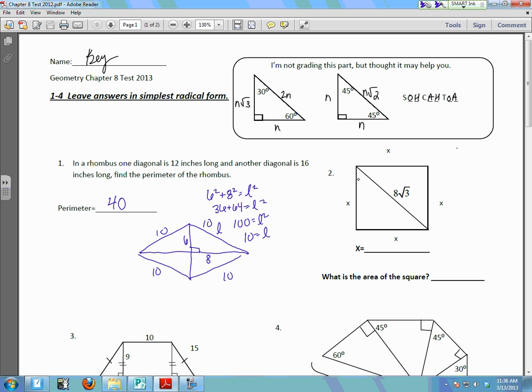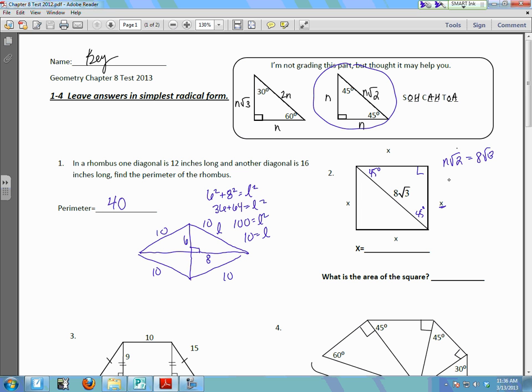Over here, area of a square and finding x. We know that it's a square, so this is a 45-degree angle, a 45-degree angle, and a right angle. So I'm going to look back up at this template and say that the hypotenuse of that 45, 45, 90 is my n radical 2 side. So n radical 2 is equal to 8 radical 3. I want to solve for n because that's essentially what my x is.